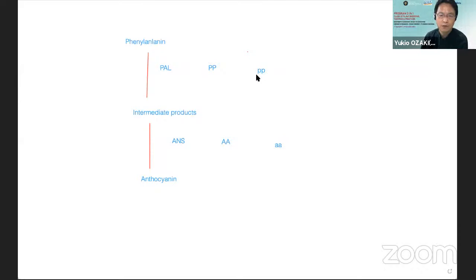In case of small p and large a, phenylalanine cannot be changed to the intermediate product. But with large P, small p, or large P and large A, or large A, small a, in this case phenylalanine can be changed to anthocyanins via the intermediate product. This is a very simple type of integration of genes. Is it okay?